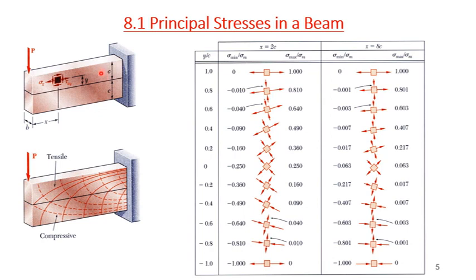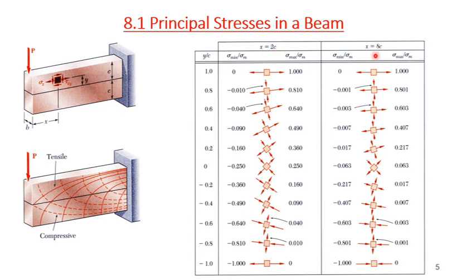And these values are showing the ratio between sigma max and sigma m, that is due to bending moment. Similarly over here, sigma minimum and sigma m, due to bending moment at that certain location.